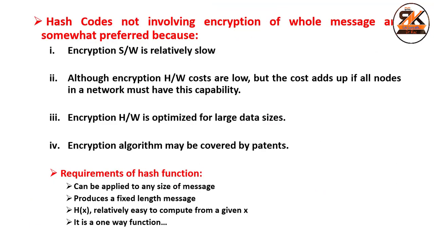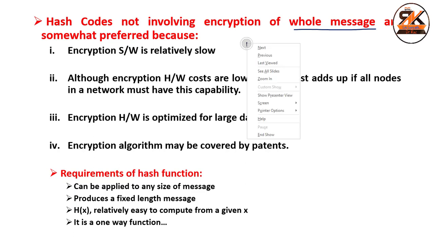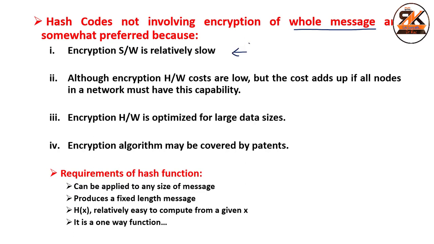Hash codes not involving encryption of the whole message are somewhat preferred because of the following reasons. The first reason is encryption software is relatively slow. If we use more encryption processes or encryption functions, that is relatively slow as compared to computing the hash of the message. So that is the first reason.